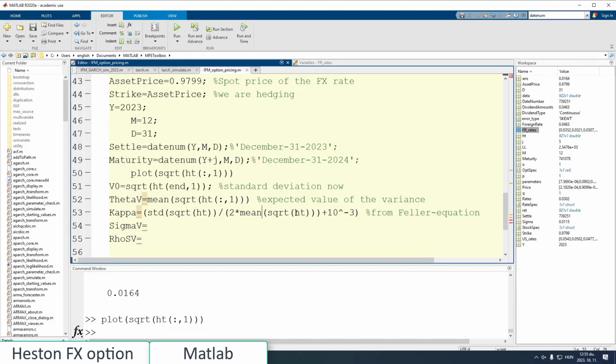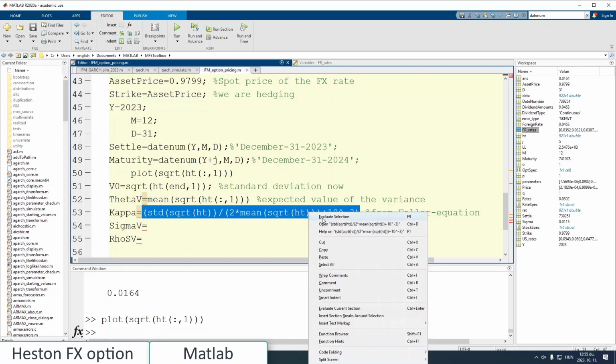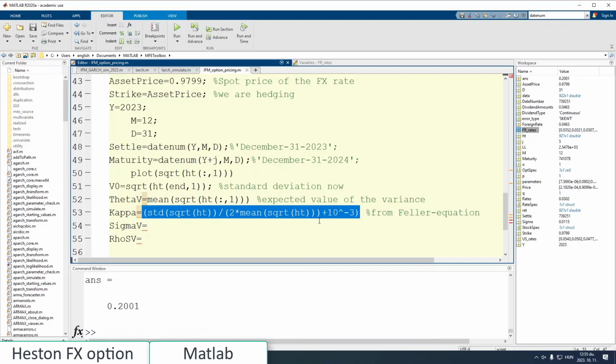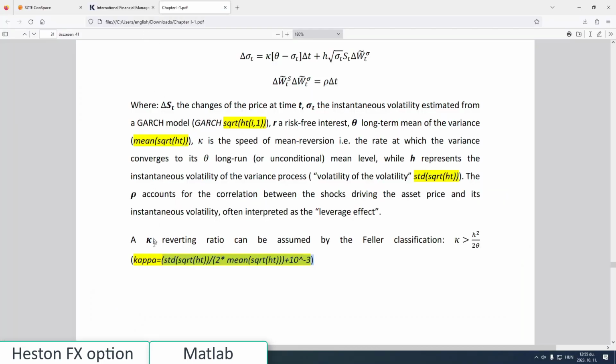So there is no deeper or any further calibration than just taking this value. We can see that the speed of coming back to the expected value is this. So we can believe that it's the mathematics behind this.